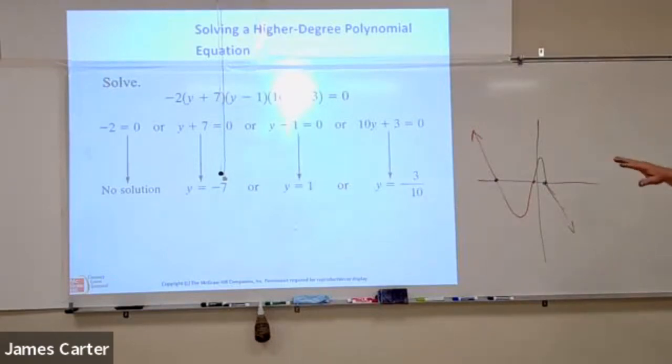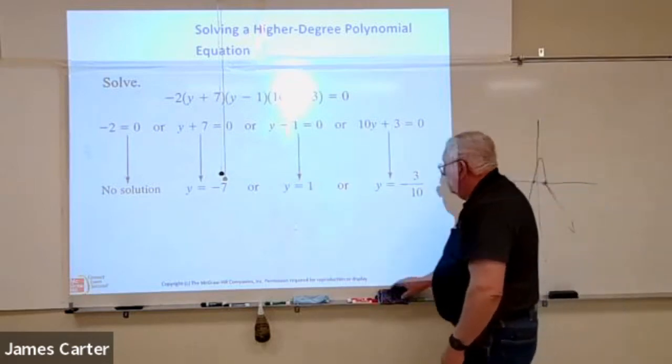Well, all of the cubics have the characteristic shape of a snake. If leading term is positive, it starts low and ends high. If leading term is negative, it starts high and ends low.